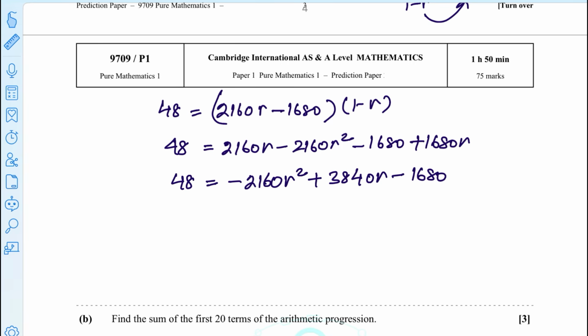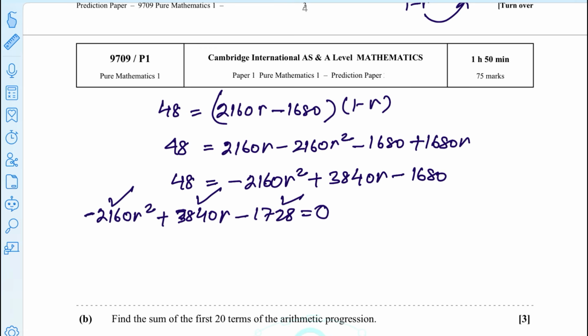Now we'll bring all terms to one side. So minus 2160r squared plus 3840r minus 1728 equals 0. Are you getting it? When you divide by 48, you can also use the calculator for the quadratic equation.